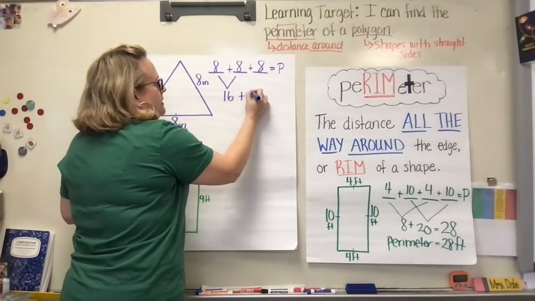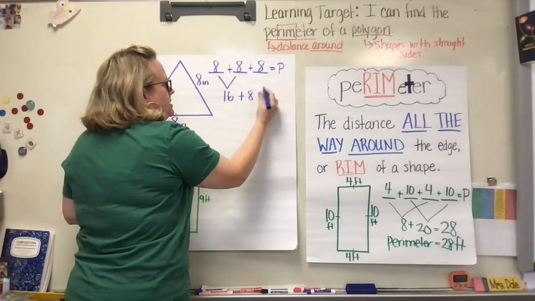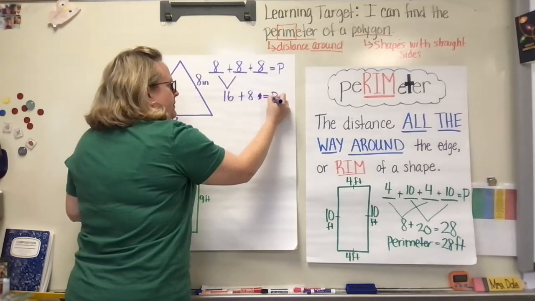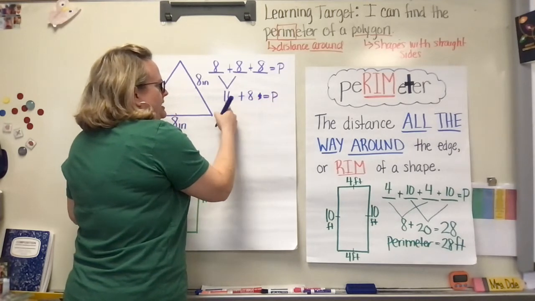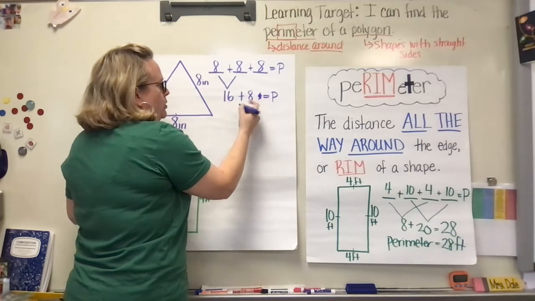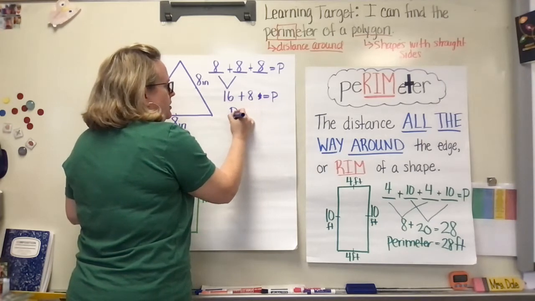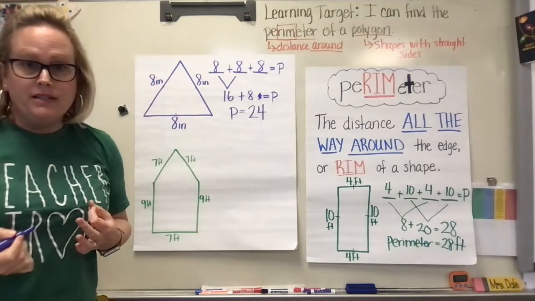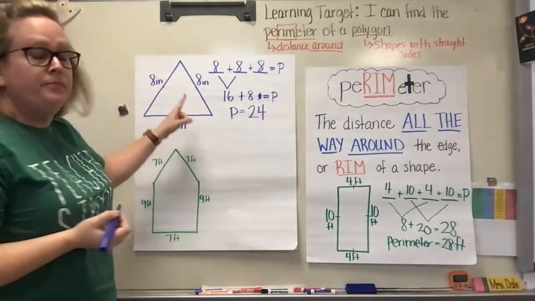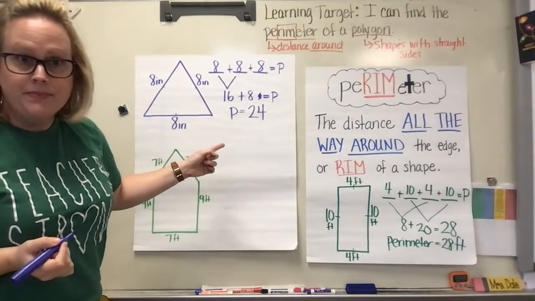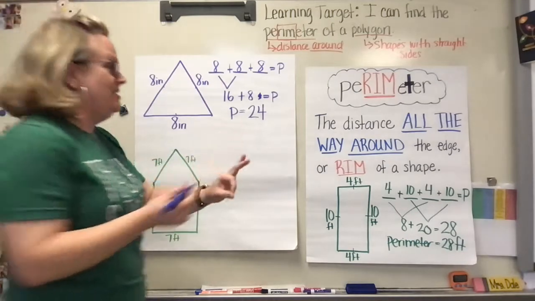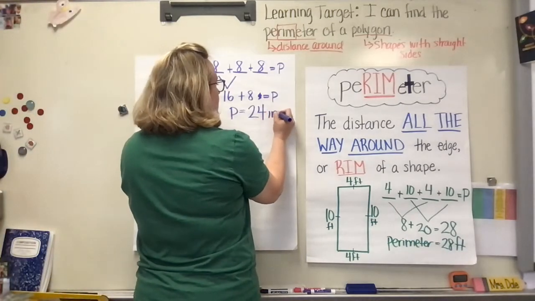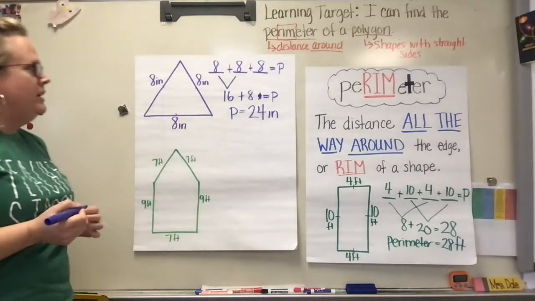And then I have to do plus 8 more. 16 plus 4 is 20, and 4 more would be 24. So my perimeter equals 24, but I can't forget my units. 24 what? Say it out loud. 24 inches. We're not talking about miles or feet or centimeters here. We're talking about inches.